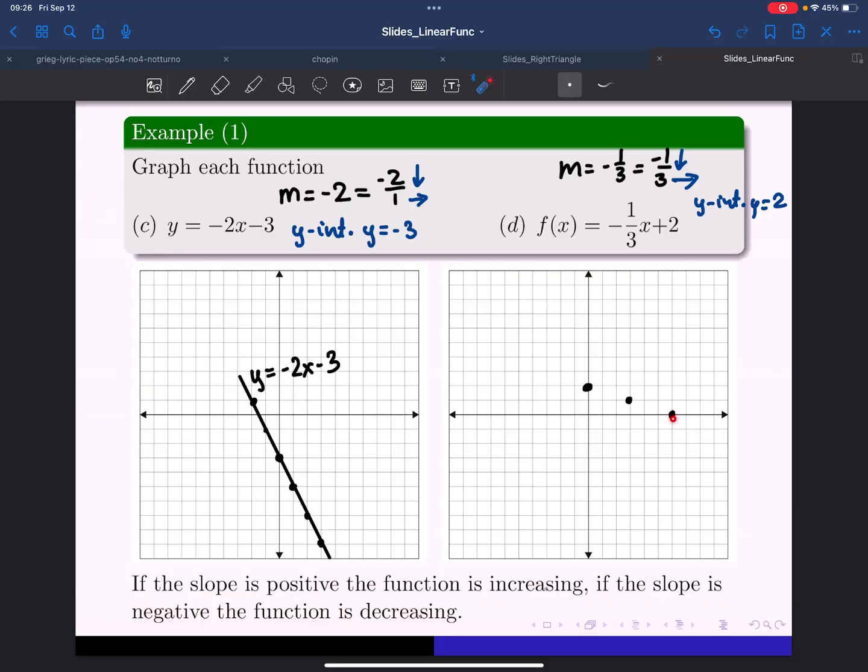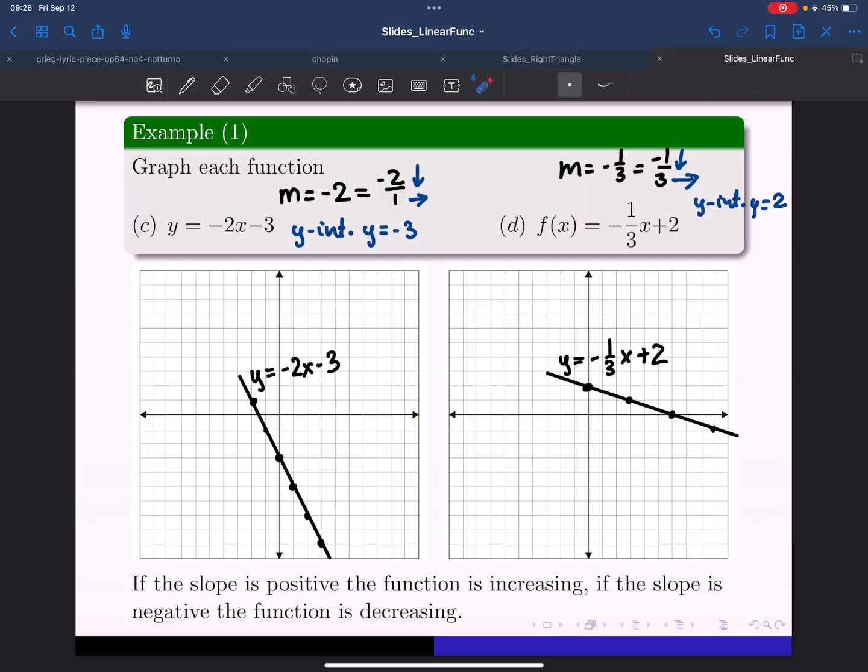And the same way we can travel 1 unit down, 1, 2, 3 units to the right. That's my next point. And we can draw the line passing through all those points. And the line is y is equal to negative 1/3 x plus 2.